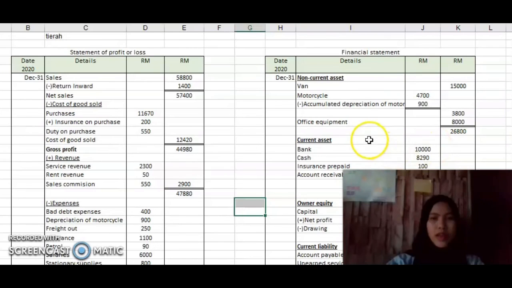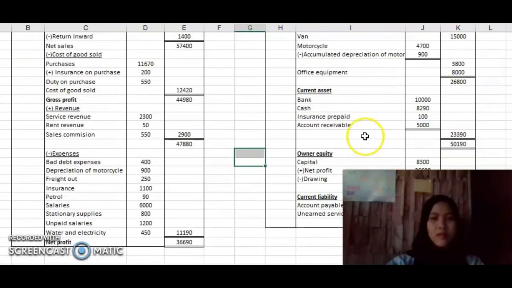In order to get current assets, bank, cash, insurance prepaid, and account receivable, we need to add all of them, and we got 23,390.